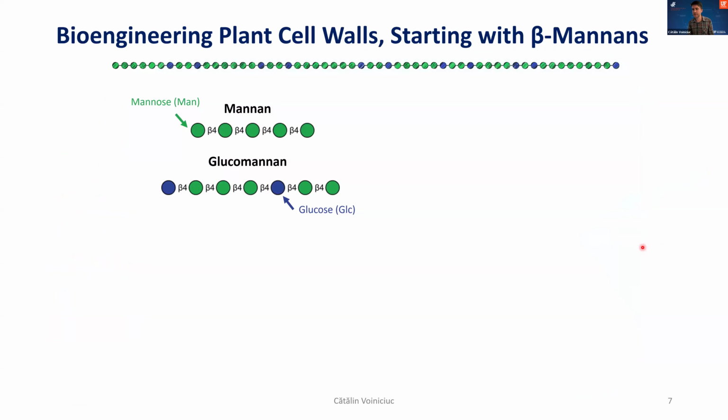So I'm going to focus the rest of my presentation on using cell walls as a case study, focusing primarily on a single class of polysaccharides, which are the beta-mannans. Beta-mannans are hemicelluloses that technically have the simplest structure possible.